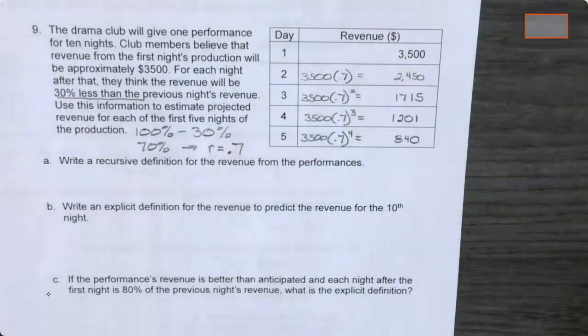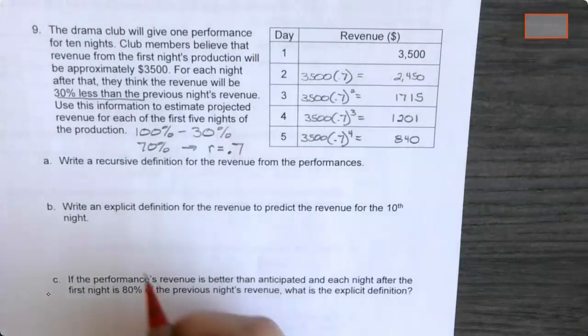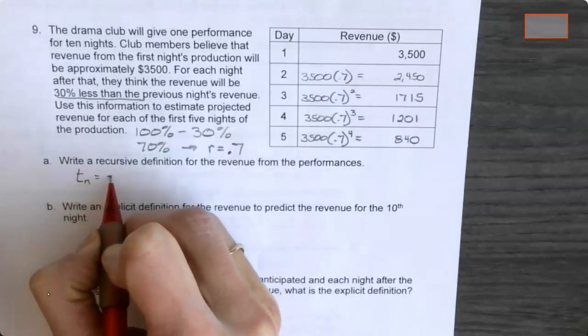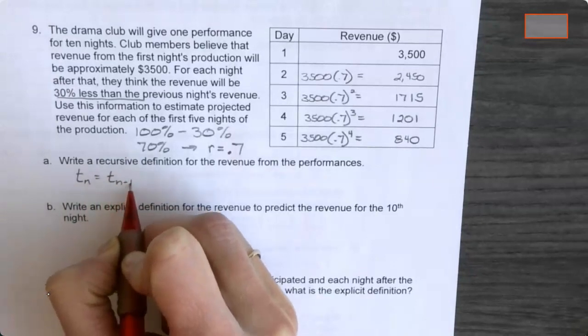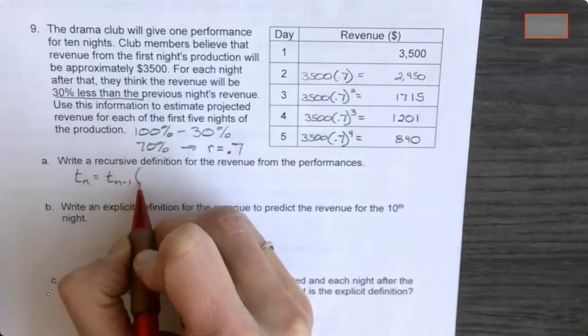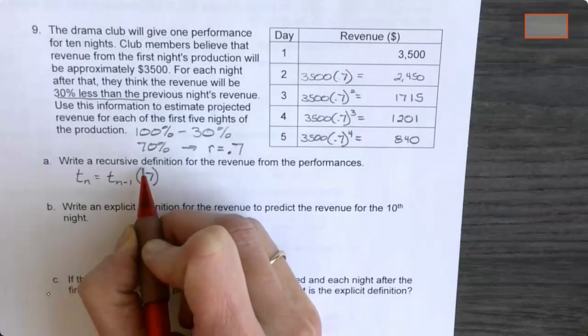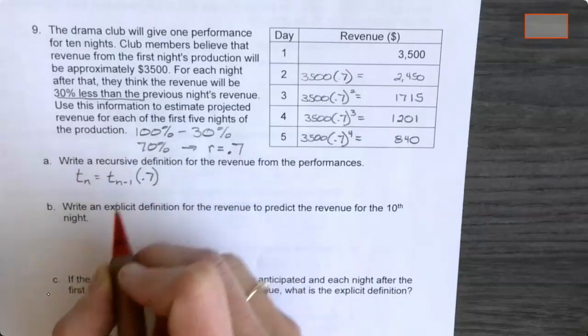When it comes to the recursive definition, your recursive should be that you're taking the term right before and multiplying it by the 0.7. You are welcome to write it with the parentheses or with just a dot.